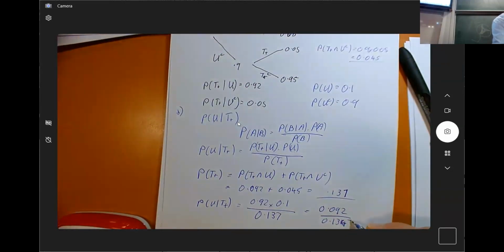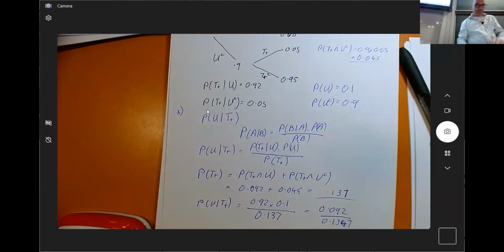Since I don't know this one, I'm not going to try and calculate it by hand. What I am going to do is put it into Excel to do the calculation for me.